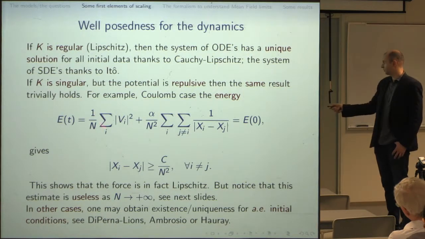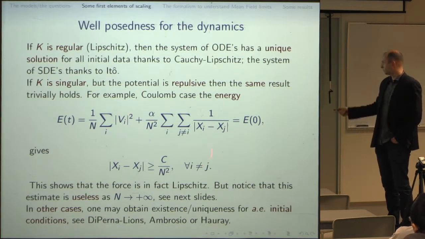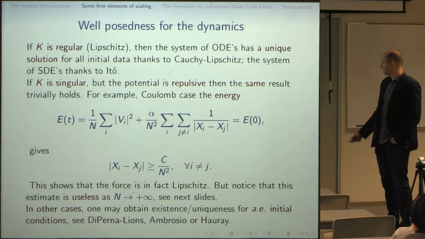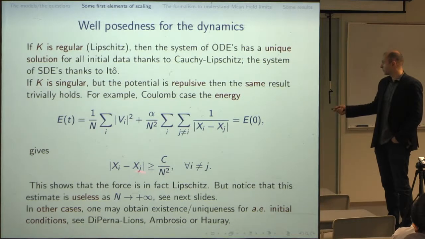So you see it here, sum over i, but 1 over n. So this is of order 1, if each velocity is of order 1. And same thing here, I have an n squared term. If alpha is positive, then that means that each of these terms is bounded, so it cannot blow up. And therefore you obtain information about the minimal distance between any two particles, which scales like that.